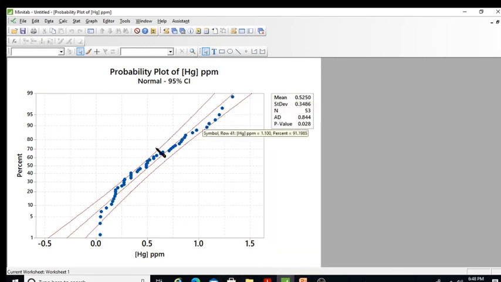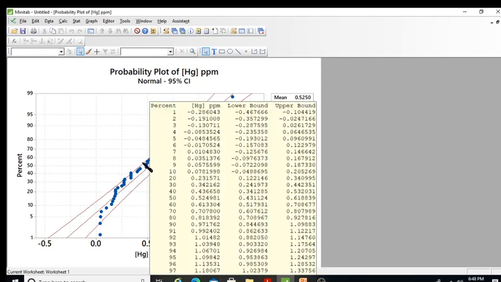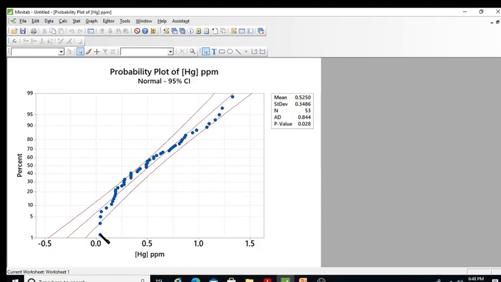You can see several of the points are away from the center line, and some are even outside this interval, which has been drawn using the 95% confidence level, or 5% significance level, where 1 minus alpha would be 95% in this case. So this probability plot helps us: because the data is not on the line, we cannot consider it to be a normal distribution.